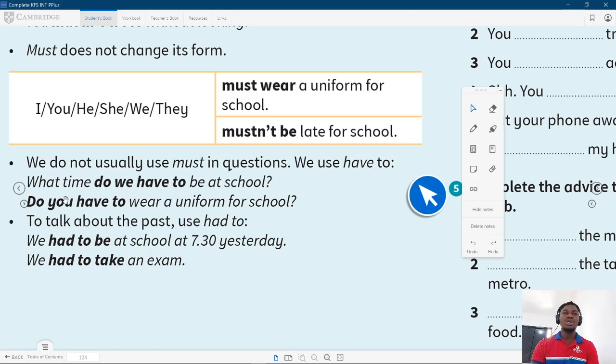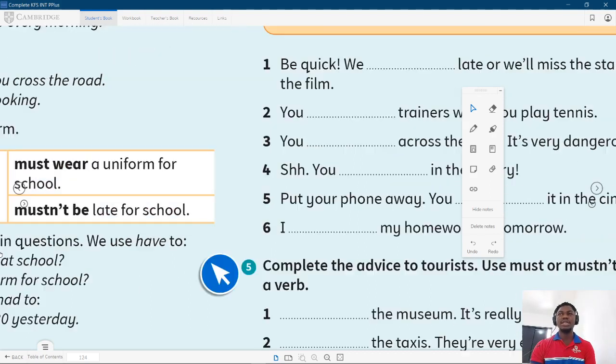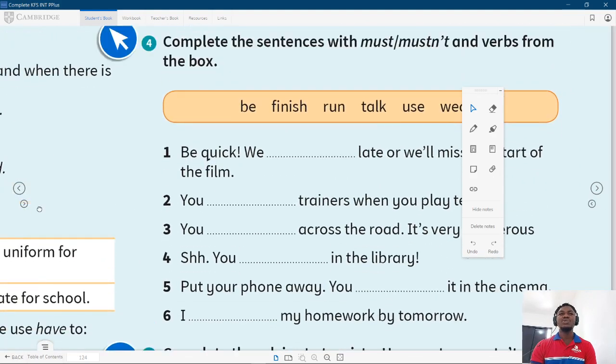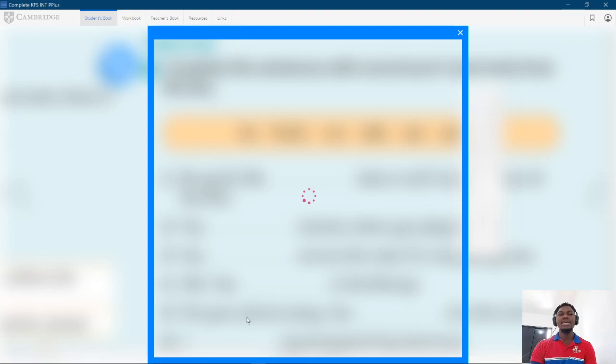So, guys, for interrogative and for the past forms, we only use have to and had to, not must. We're going to answer just one question, and the next question will be an activity tomorrow.